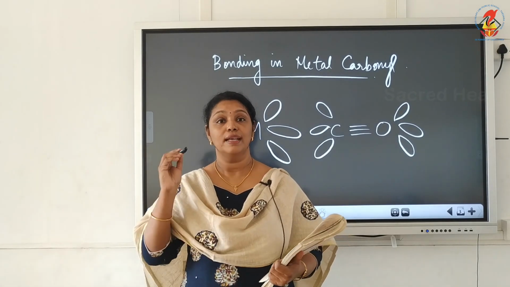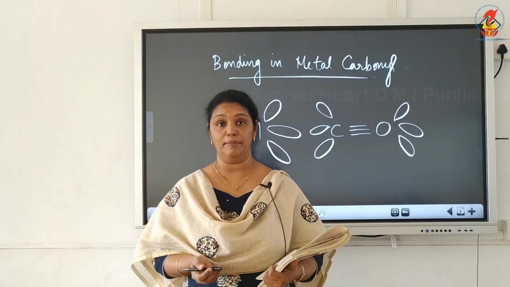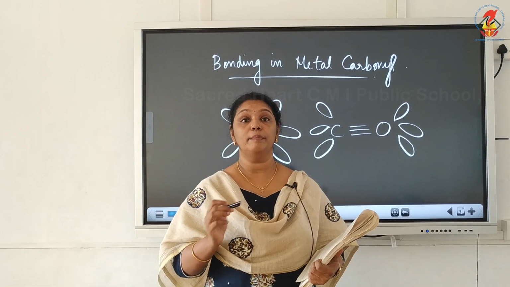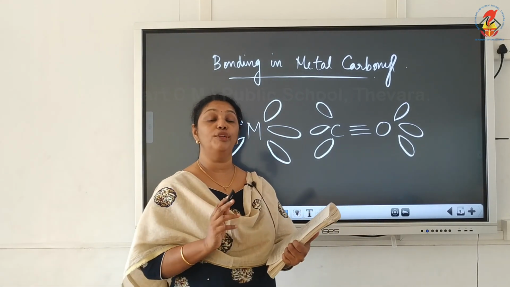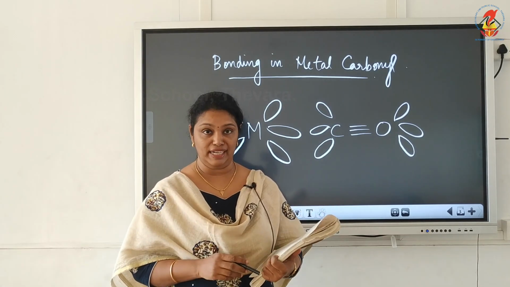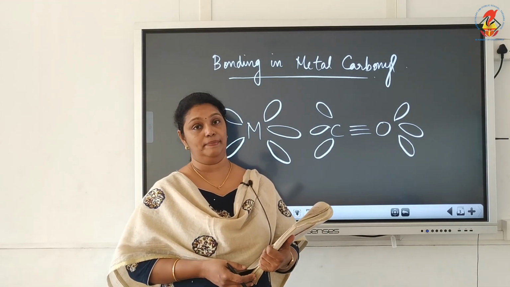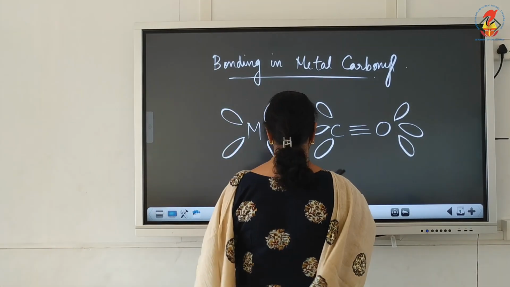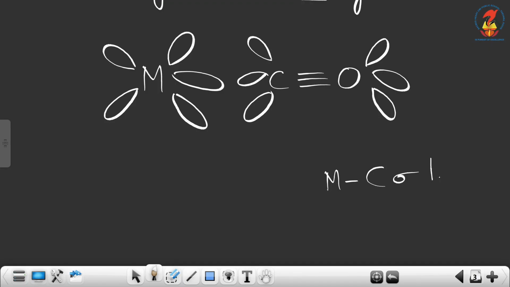Now, how are this sigma bond and pi bond formed between metal and carbon? The metal-carbon sigma bond is formed by the donation of a lone pair of electrons on the carbonyl carbon into the vacant orbital of the metal. How is the M-C sigma bond formed?